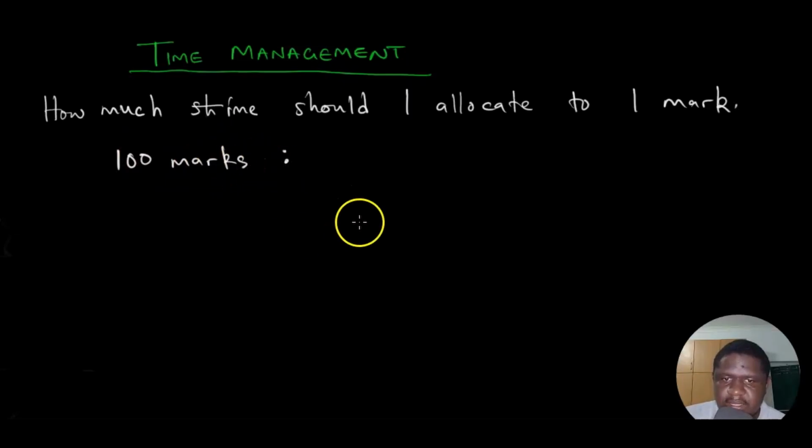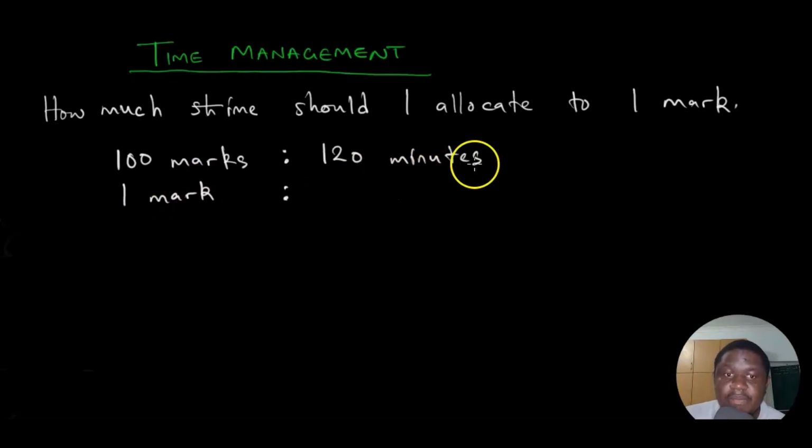We have to answer in 2 hours, which we express in minutes as 120 minutes. Our question is, how long does 1 mark need, because we do not know how many minutes, we will say x minutes.